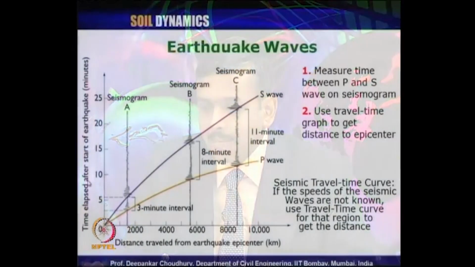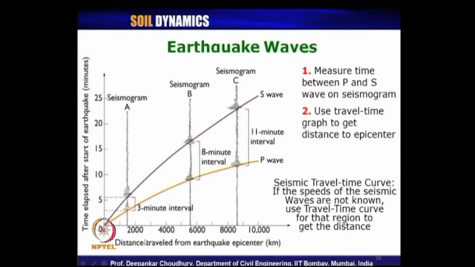If you slide them over the paper, what you will get? At which location they follow a continuous pattern of movement from time elapsed after the start of the earthquake to distance from the earthquake epicenter.